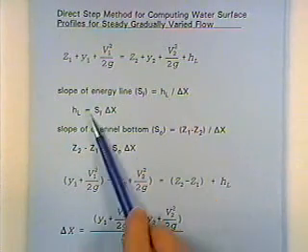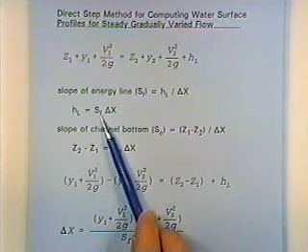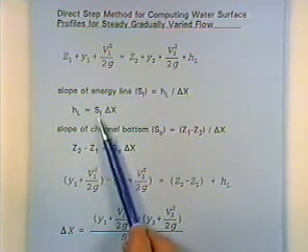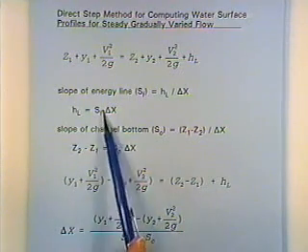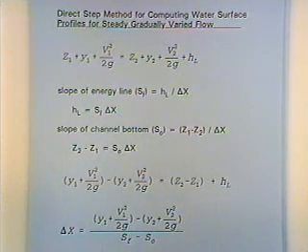And then just solve for the head loss. So the head loss is just the slope of the energy line, and a common term for that is the friction slope. And because it's called the friction slope so often, we'll just use a subscript F. And then the delta X, that horizontal distance between cross sections.